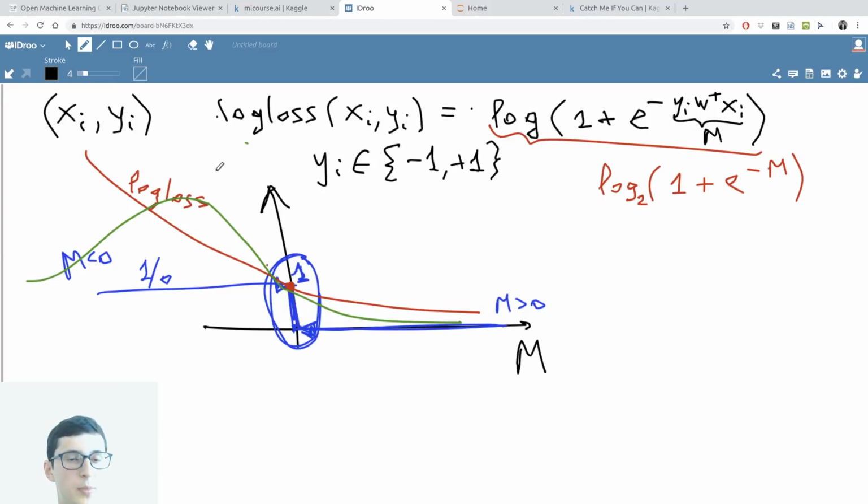And we've seen that. Further, we'll see that we can minimize it efficiently with gradient descent or other optimization procedures that require a function to be differentiable.